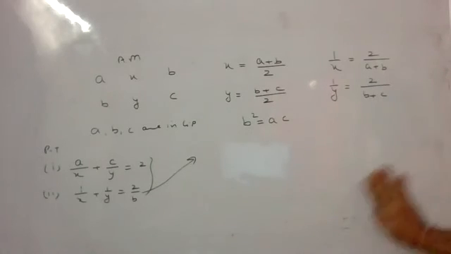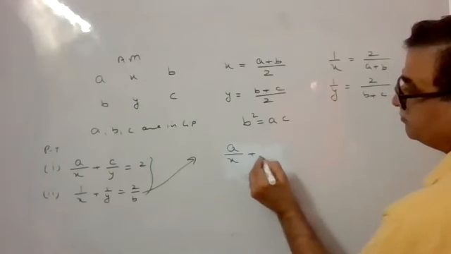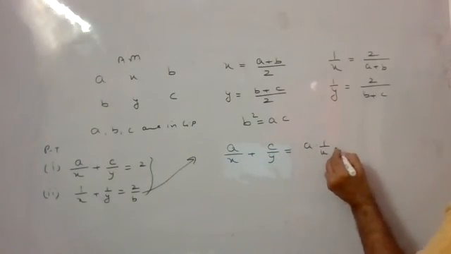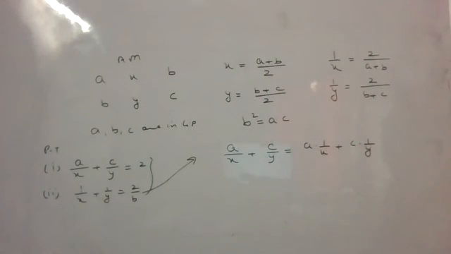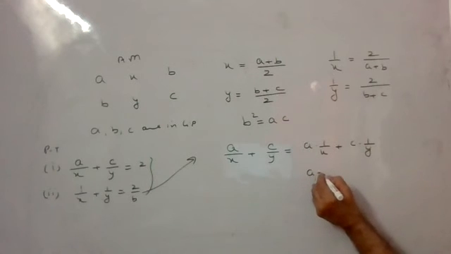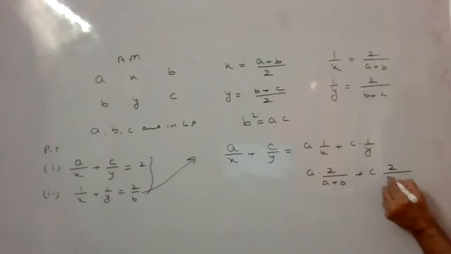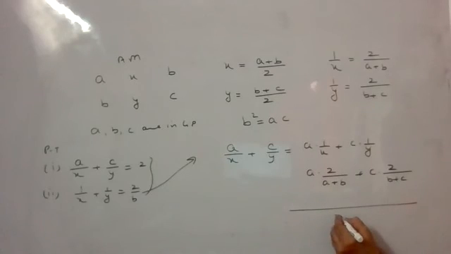Now I'll take A by X plus C by Y, which can be written as A into 1 by X plus C into 1 by Y. The value of 1 by X I'll put here: A into 2 by A plus B, C into 2 by B plus C. Then we have A plus B into B plus C.